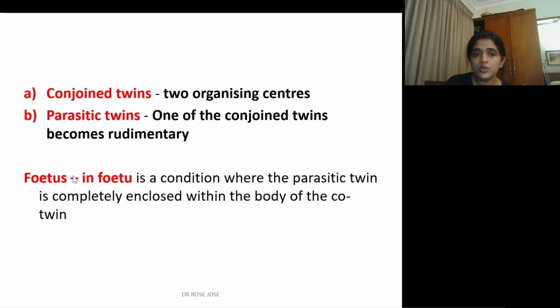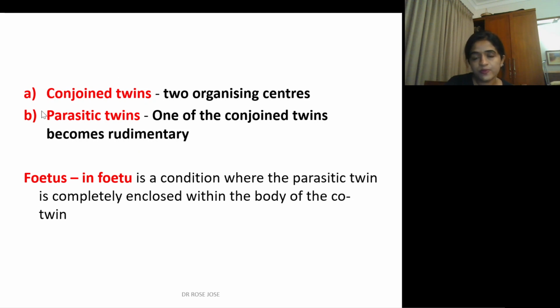Now, conjoined twins and parasitic twins. If conjoined twins happen, this will be due to the separation when there were two organizing centers. And in parasitic twins, one of the conjoined twins will become rudimentary, whereas the other one will develop normally.